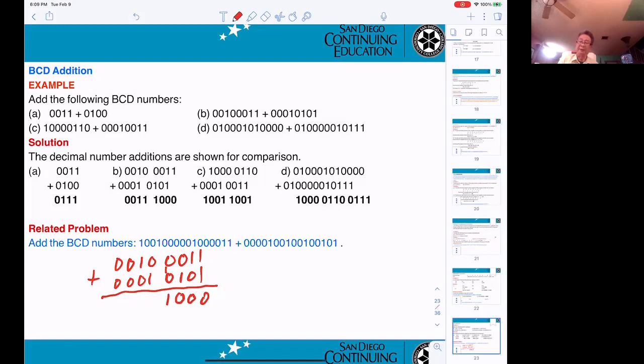Okay? Right. And now 0 adding to 1, you get a 1. 1 adding to 0, 1, 0, 0. So this is number 3, right? This is number 8, right? Right. Okay, that is number B.